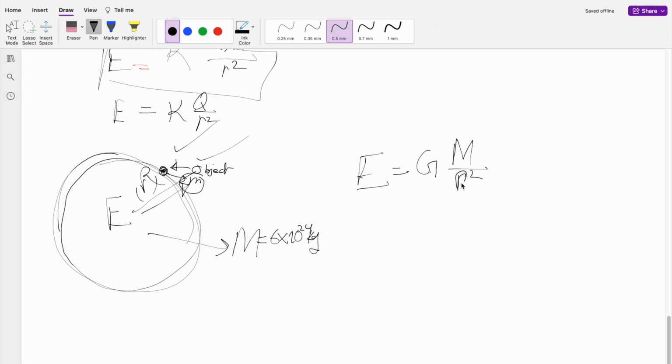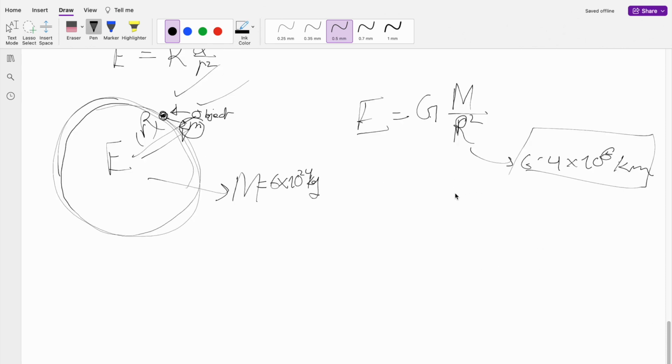This r is also a constant, so it has a specific radius of 6.1 times 10 to the power 6, maybe 6 kilometers if I'm not wrong. Okay, so this is the electric intensity.